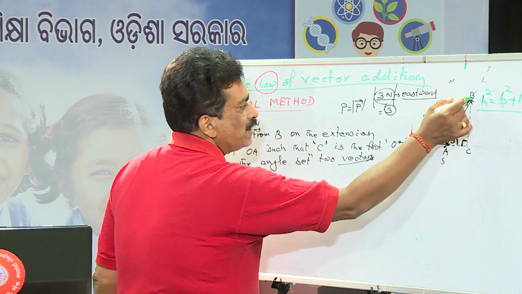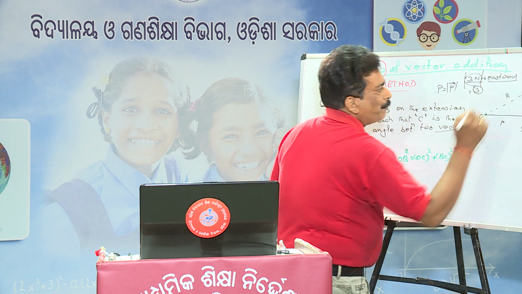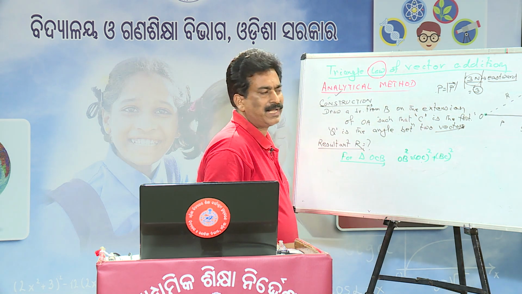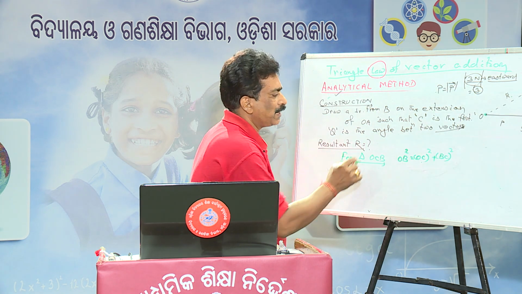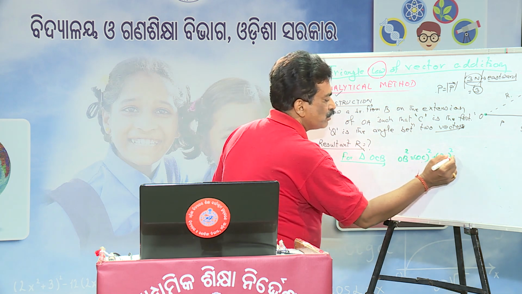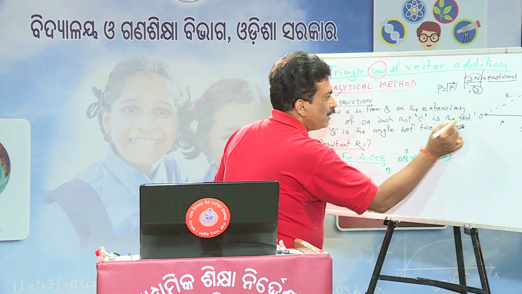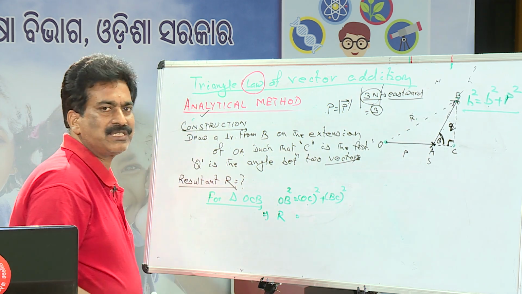BC is the height, the perpendicular, so that is p square. And OB is the hypotenuse, that is our R, so R square. This implies OB is the magnitude of the resultant, that is R.